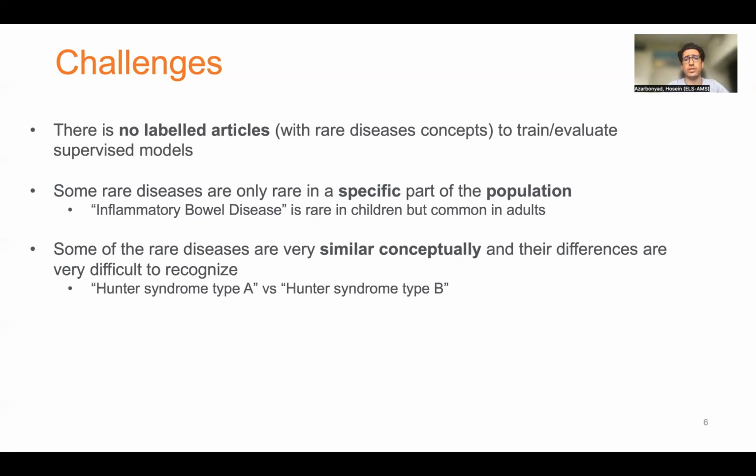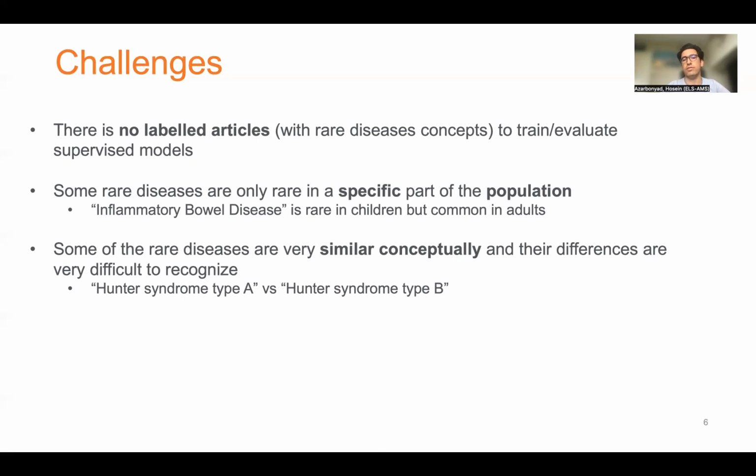And some of the rare diseases are very similar conceptually or syntactically, and their differences are very difficult to recognize. For example, here we see two diseases that are basically very similar, and any system that you want to build should be able to recognize this kind of little differences in the names of diseases.